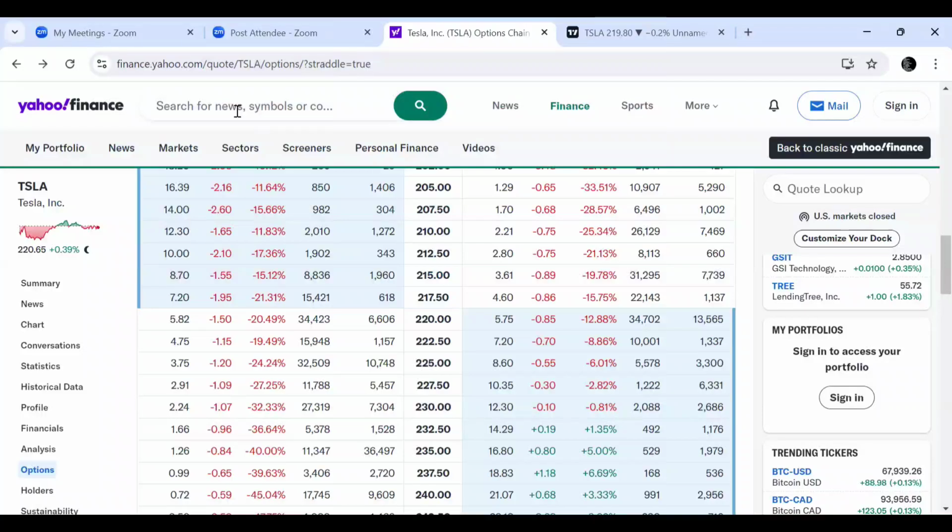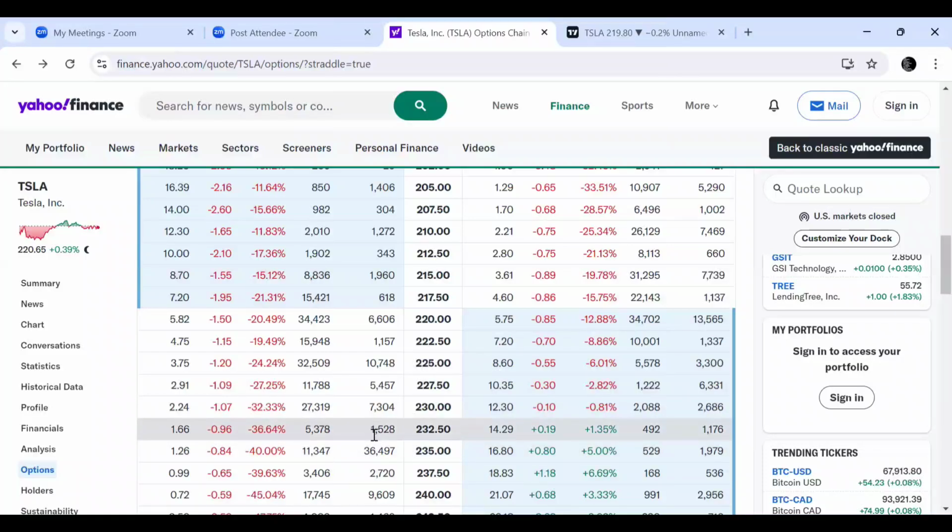You can click on any stock and see its open interest, and check how many contracts there are on the call side, which strike price has high call contracts, and which has high put contracts, and you can consider that as the range.